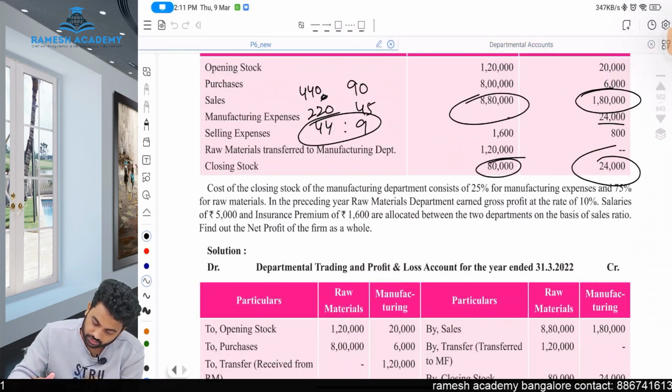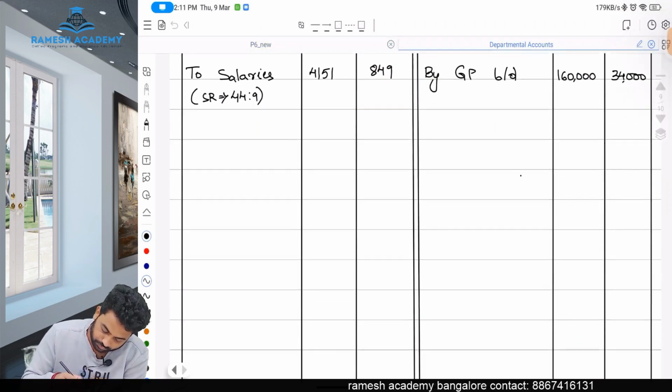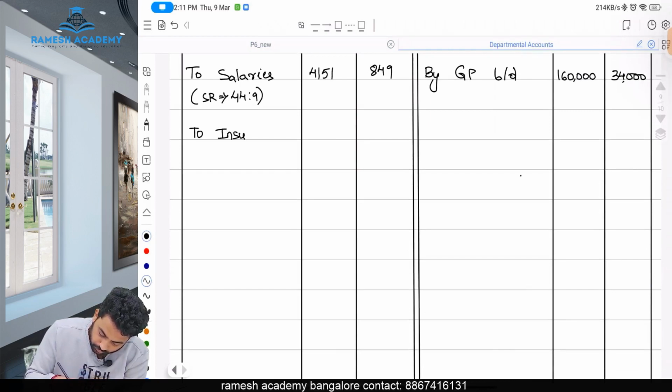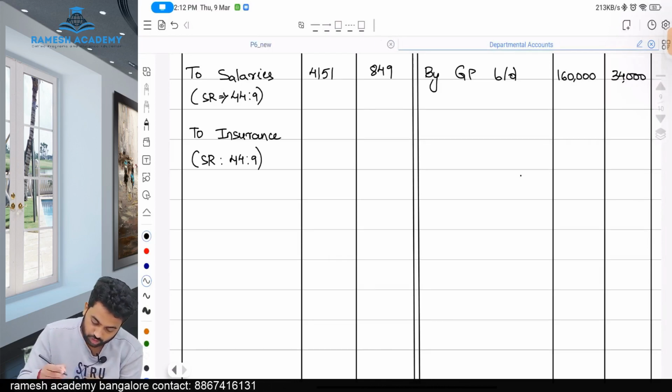Insurance premium of 1,600. To insurance 1,600, again in the sales ratio only, that is 44 is to 9. So how much was the insurance?